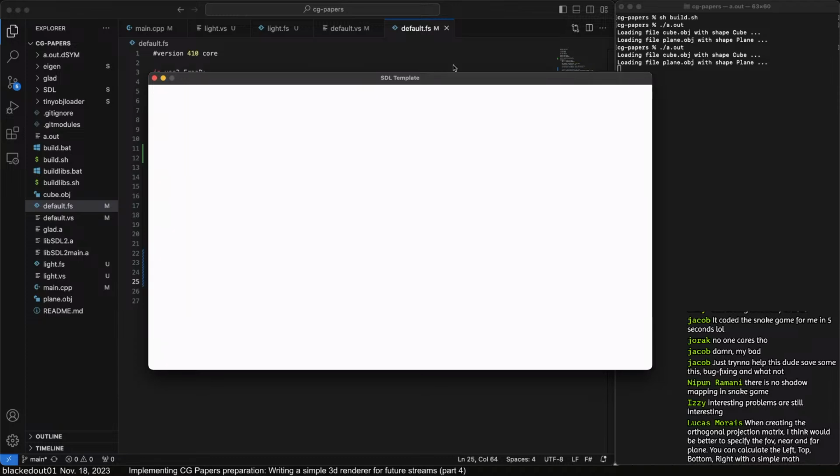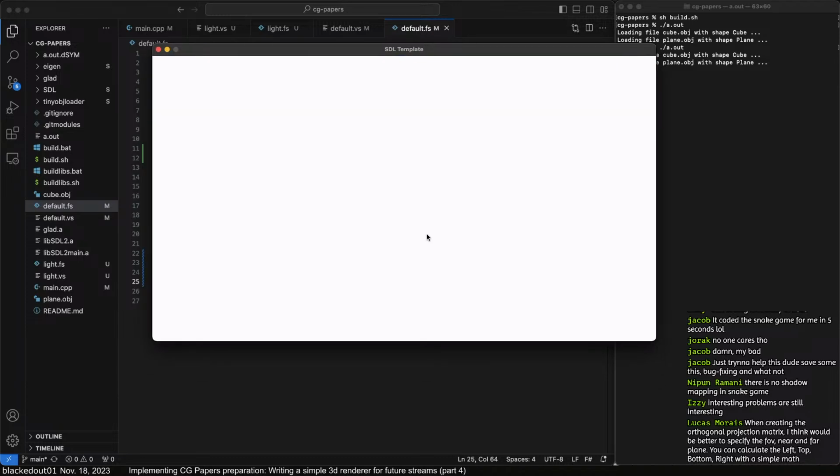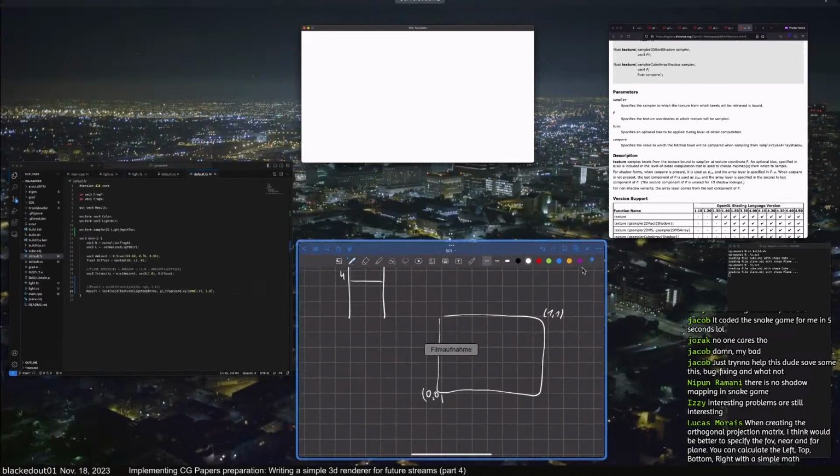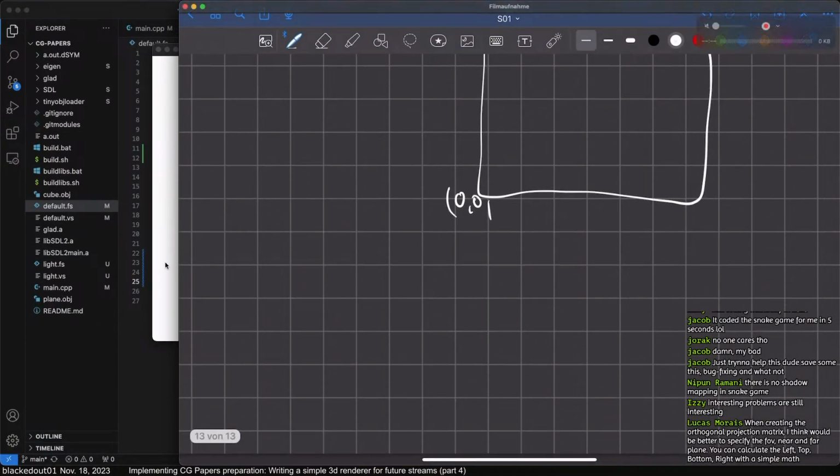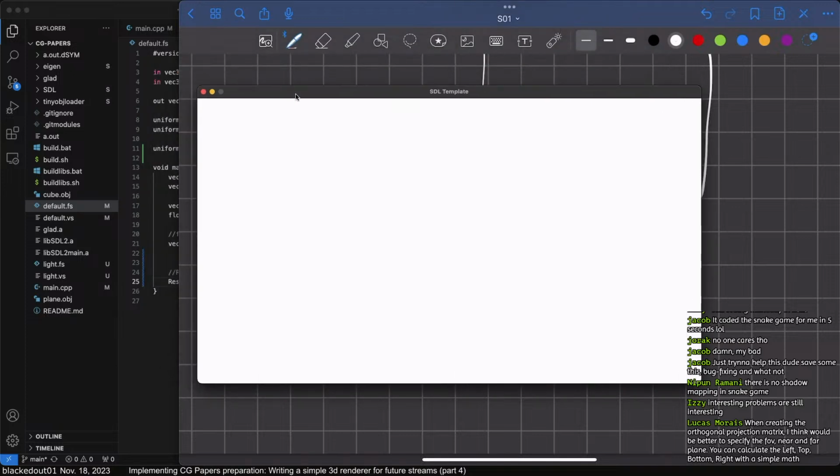So the screen is white. What I expected was anything other than white, because if we render the scene from the light's perspective, we should see at least some gradient.